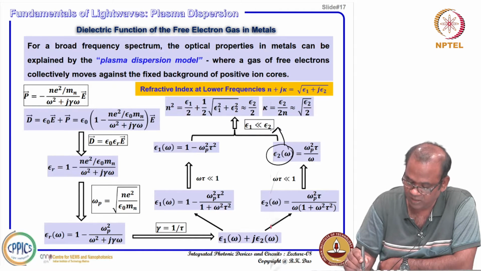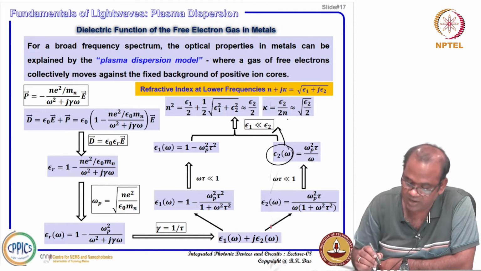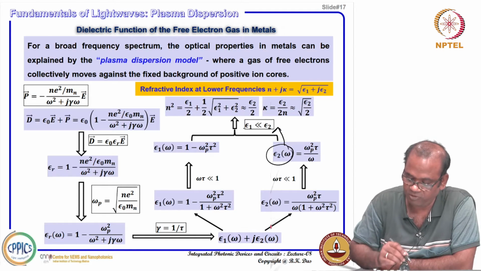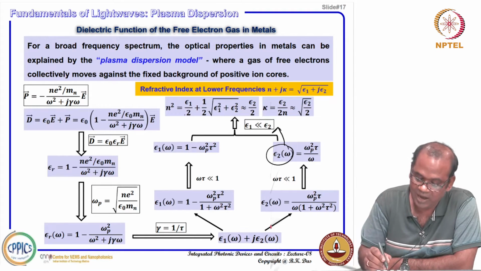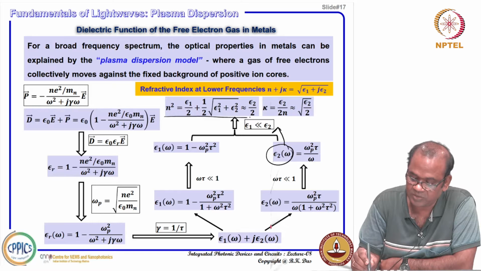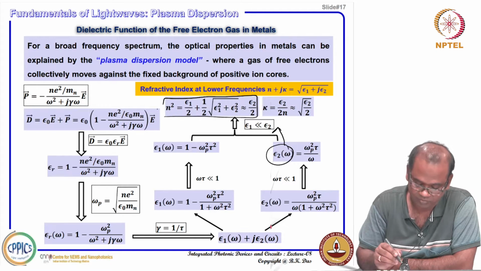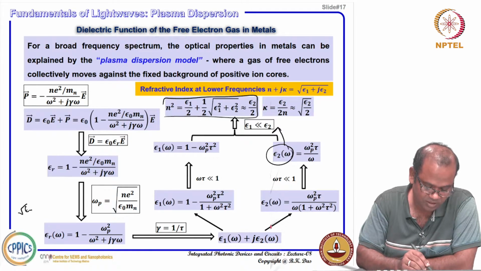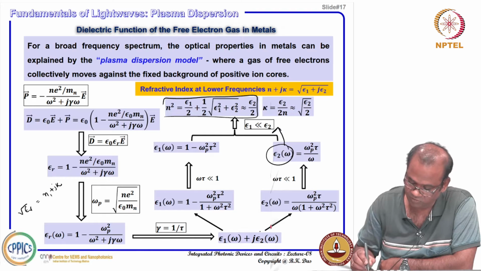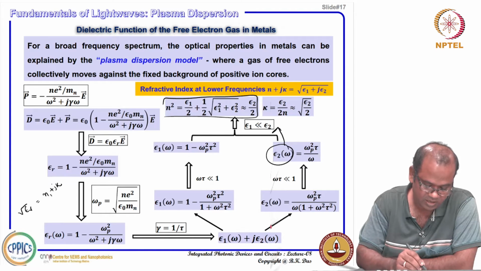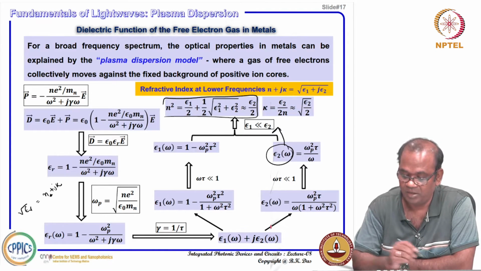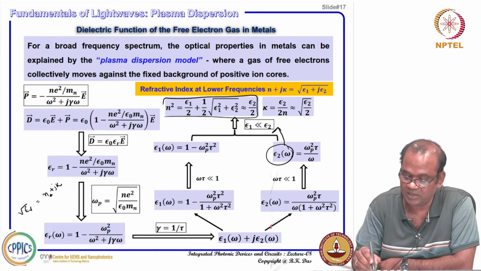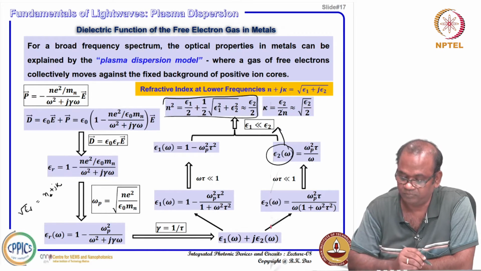So, if you consider epsilon 2 much higher compared to epsilon 1, then earlier you know that the n square expression we have derived, because square root of epsilon r equals n plus j kappa, and that is why epsilon 1 and epsilon 2 you can relate with n and kappa, and there we have derived the relationship between n square and kappa.